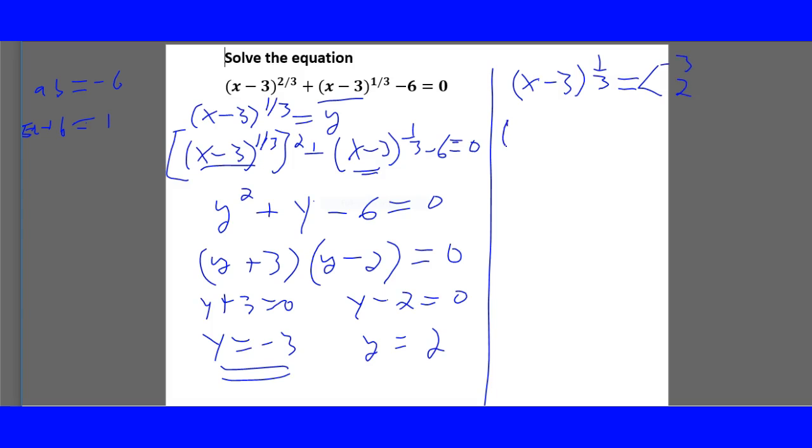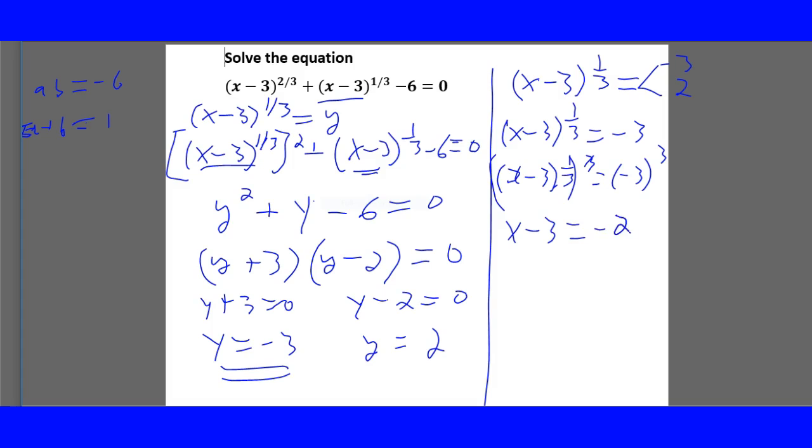So we got two values now. (x - 3)^(1/3) is equal to -3. We gotta solve this one. In order to get rid of this fraction, we can raise both sides to the power of 3, because the denominator is 3. That gets rid of the 1/3 and leaves us with x minus 3 equals -3 to the power 3, which is -27.